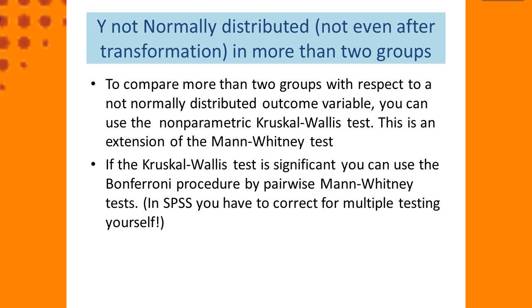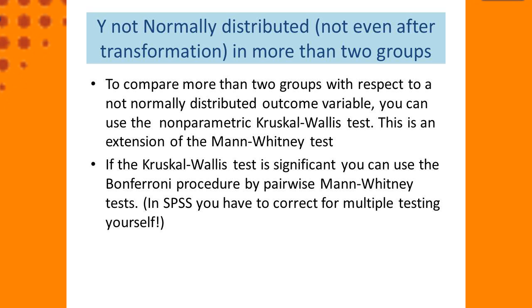If we have to compare more than two groups with respect to a not normally distributed outcome variable, we can use an extension of the Wilcoxon test, the so-called Kruskal-Wallis test. If the Kruskal-Wallis test is not significant, the null hypothesis of equal distributions will not be rejected, and the testing procedure will stop.